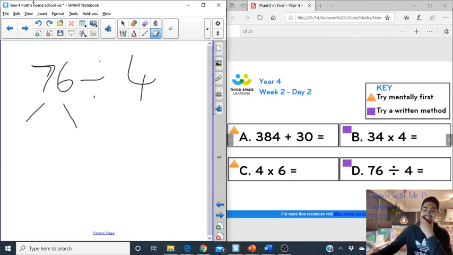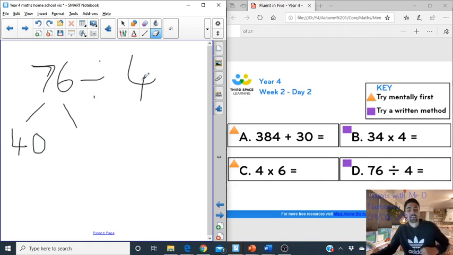What's the biggest 10 that I can make from 70 that goes into 4? Well, 10 doesn't go into 4, 20 goes, 30, 40, 50 doesn't go, 60. I'm going to put 40.